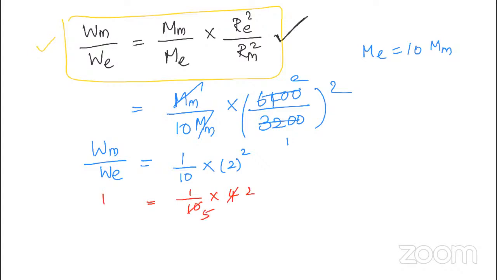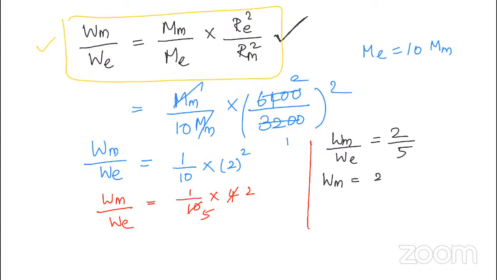That is WM divided by WE is equal to 2 by 5. What value do we need? That is WM, so 2 by 5 into WE. The weight of Earth is given: WE is equal to 200 Newton.